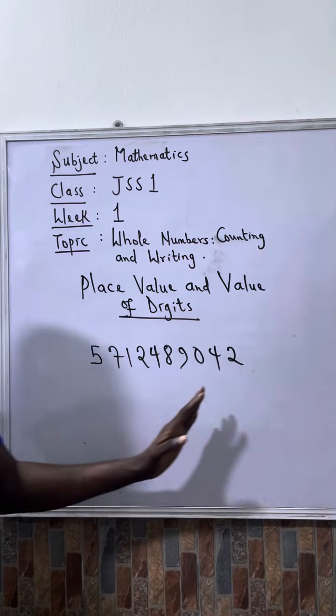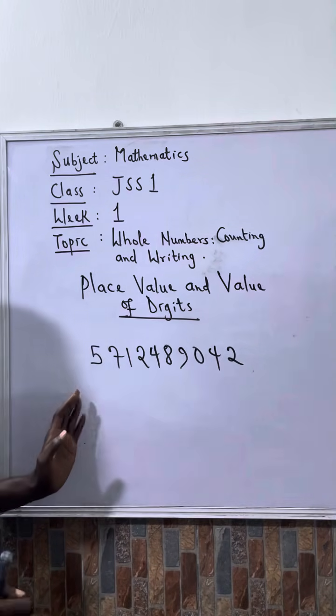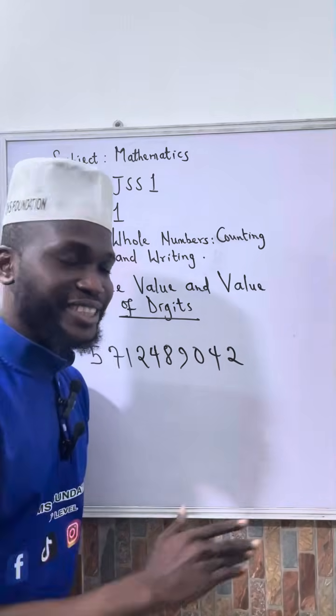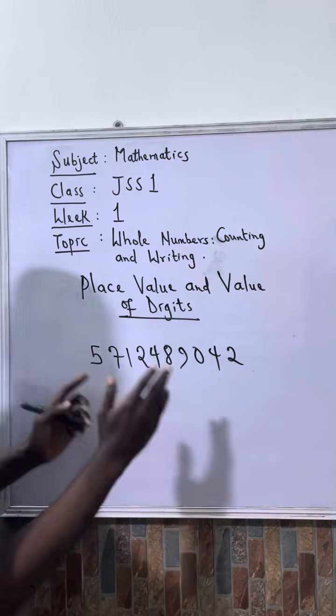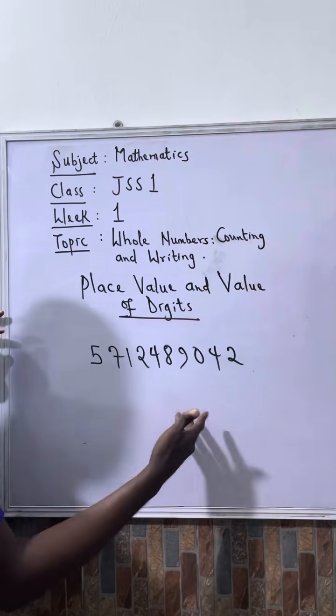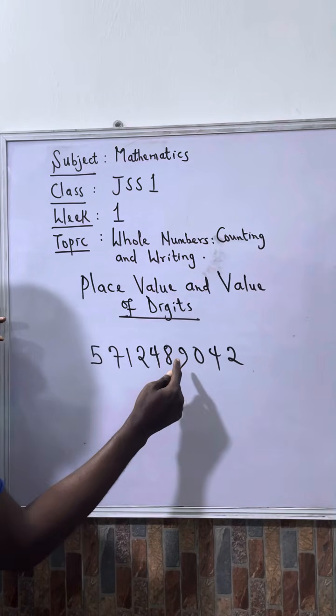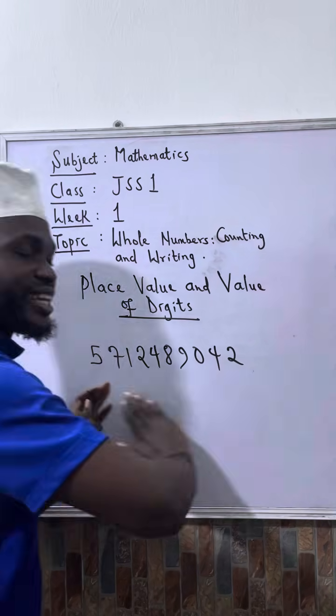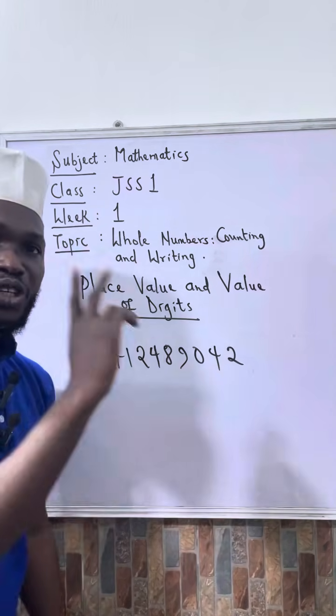This number, as you can see, is a single number made up of several digits. How many digits do we have in this? 1, 2, 3, 4, 5, 6, 7, 8, 9, 10. So we have 10 digits in this single number.